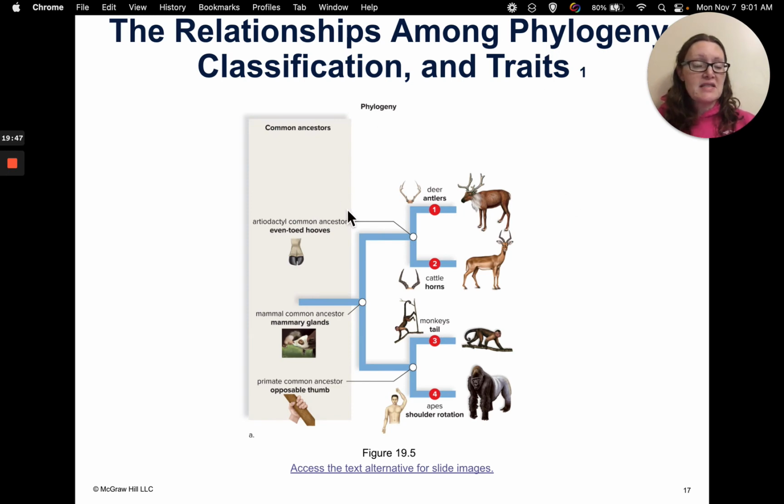But sometimes we can see where that trait came from, such as here is where we predict the even-toed hooves evolved, and then the animals that came after that had even-toed hooves. Here is where we predict the mammary glands developed, and everything that came after this point all had mammary glands. Here is where we think the opposable thumb developed, and everything that came after this point had the opposable thumb.